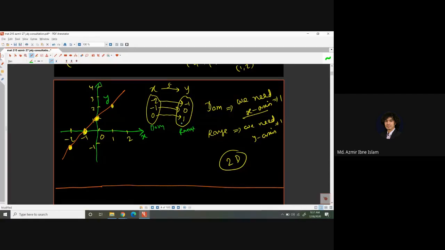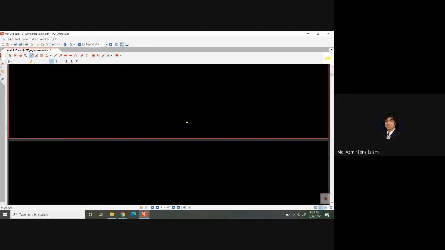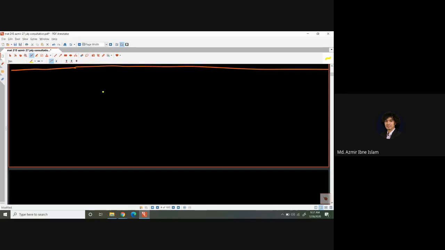The same idea will be applied in complex valued functions. So first of all, just like the real valued function y equal to f of x, we represent a complex valued function in this way, w equal to f of z.